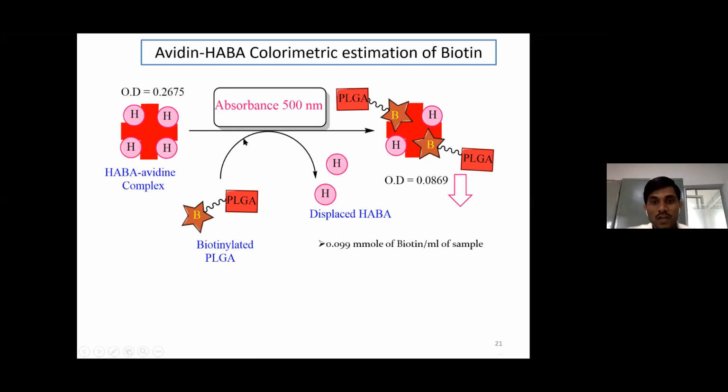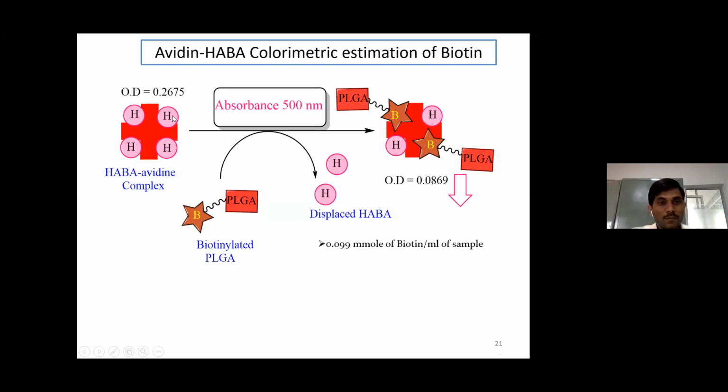This we have again confirmed with HABA avidin colorimetric estimation. This HABA avidin kit is available in the market. We have added our biotinylated PLGA to this solution. This biotin and avidin is the strongest non-covalent interaction in the biological system.